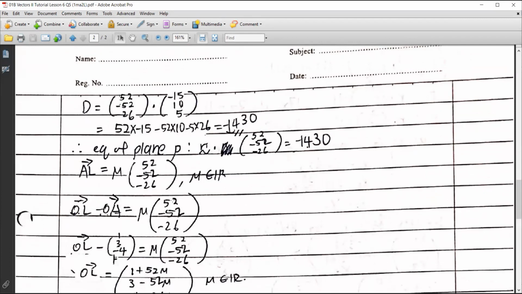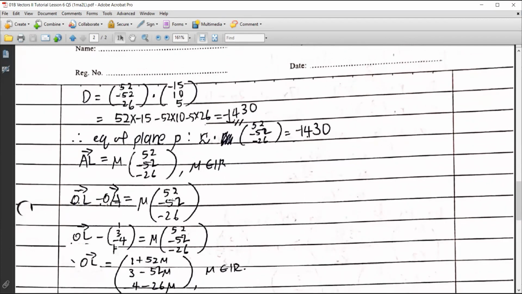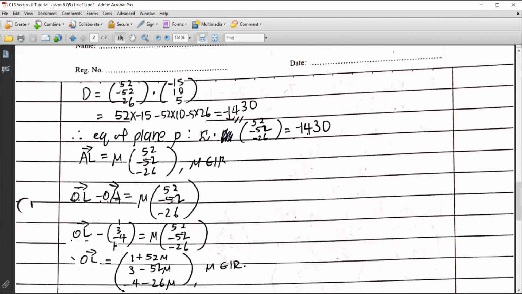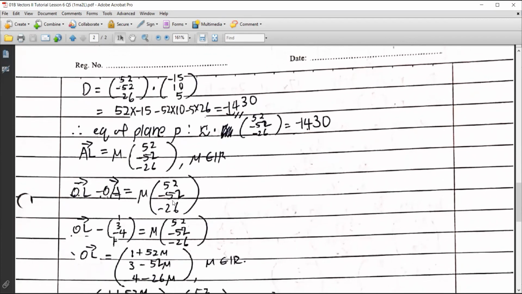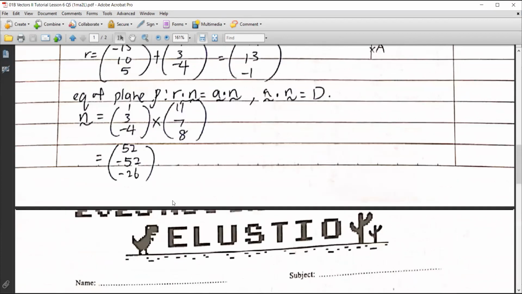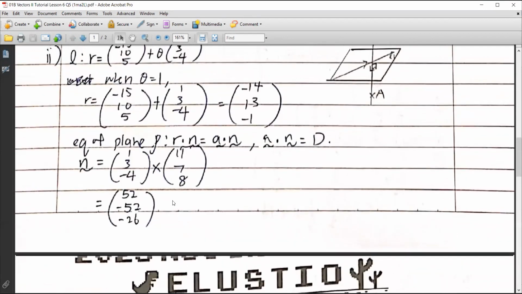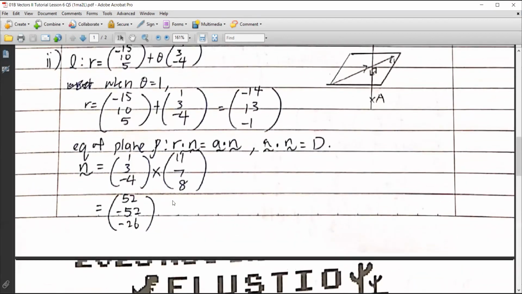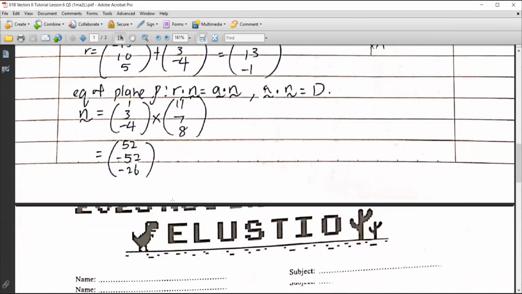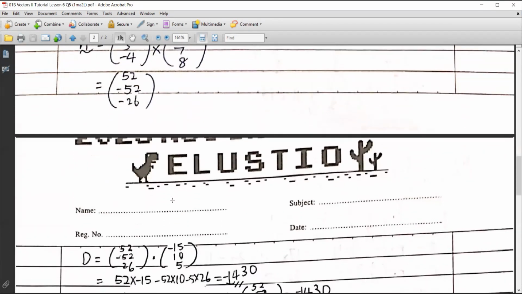Negative 10, 10, negative 15, negative 15, 10, 5. Okay. This is from where? The point on the line. Okay. Continue.